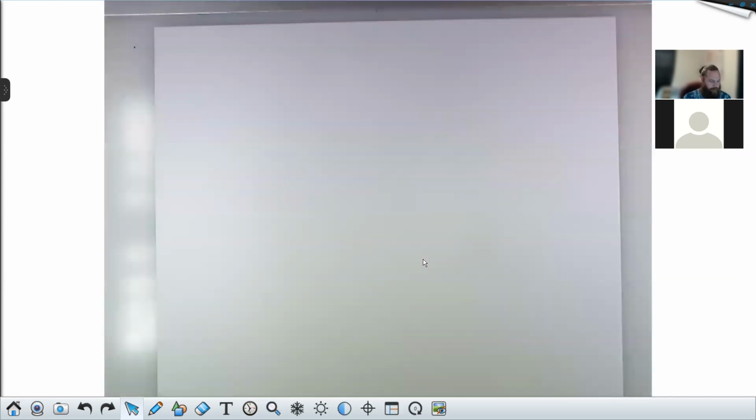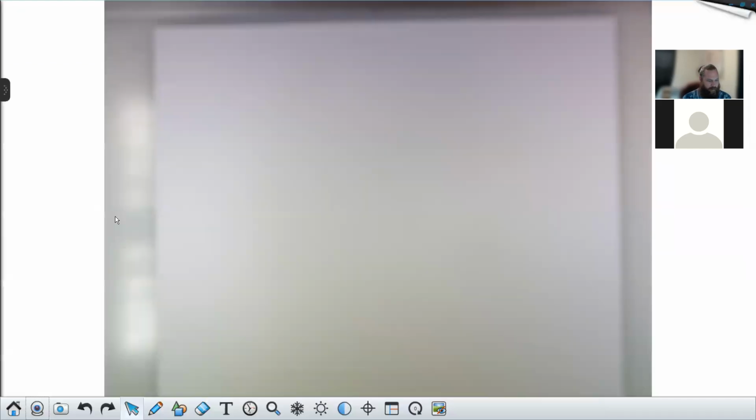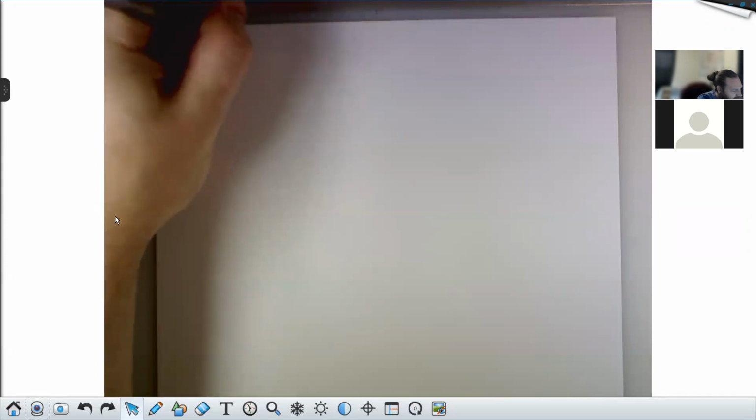It seems like a money printer if you're able to come up with a good strategy. Freqtrade is the open source one that I've been playing with, and it's very easy to set up, and then you just have to be a genius and come up with a really good trading strategy. But I think that's probably not the easy part.